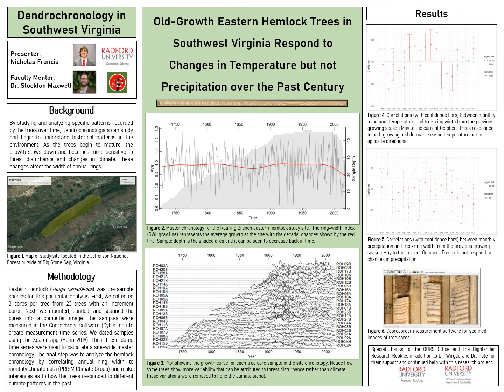In figure 3, there's a spaghetti plot that shows the growth curve for each tree core sample in the site chronology. For each tree, each year, it has their growth line. As you can see, between 1900 and 1950 it's really noisy. It's something similar around 2000, where there's just a lot of interference in the data.